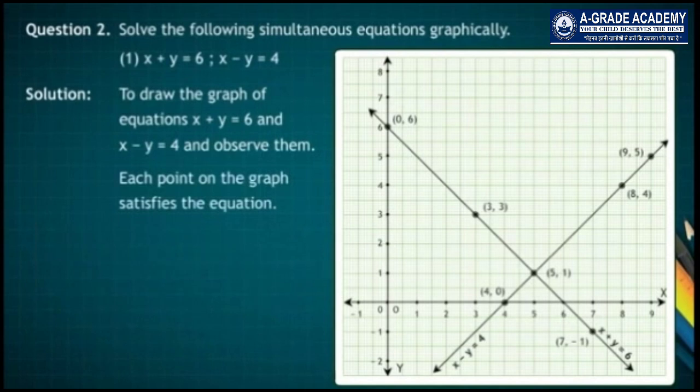Each point on the graph satisfies the equation. The two lines intersect each other at the point (5, 1).